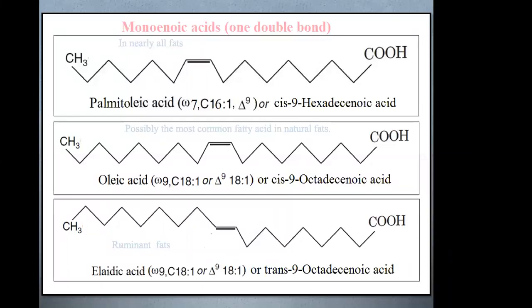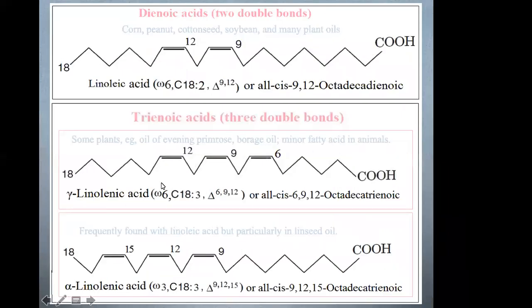Other MCQs come like this. So you have to remember the omega number for every fatty acid. For example, linoleic acid is an omega-6 fatty acid, and gamma linoleic acid is omega-6.